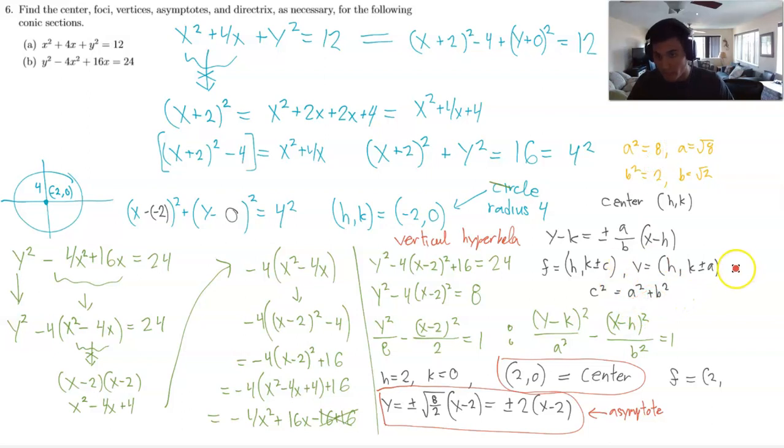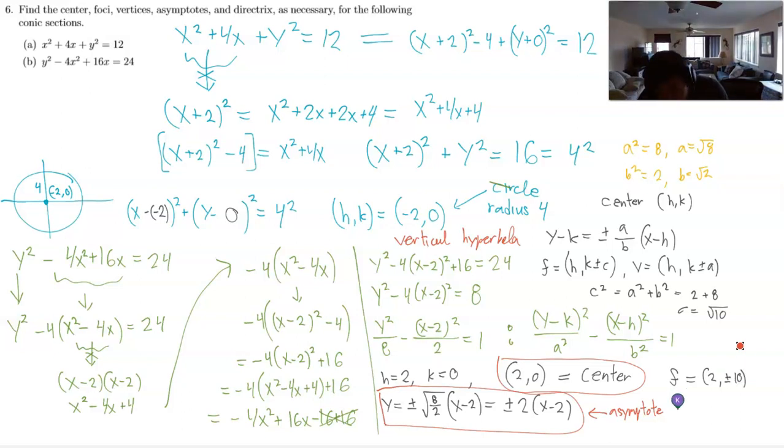I'm not going to skip steps for you guys. 2 plus 8, so c is equal to the square root of 10. There we go. So now we jump back to the foci: plus or minus root 10.